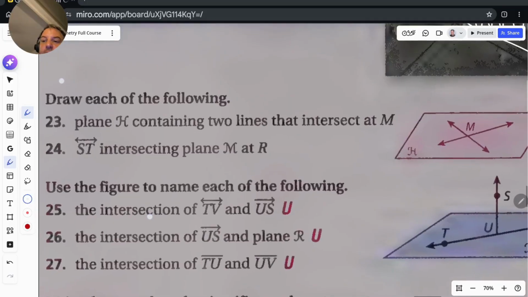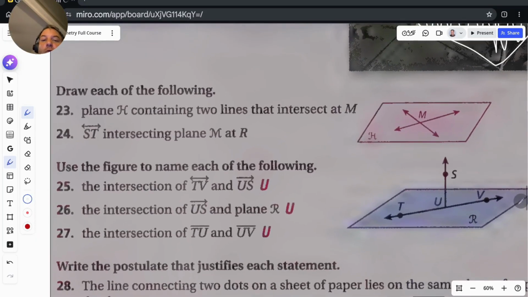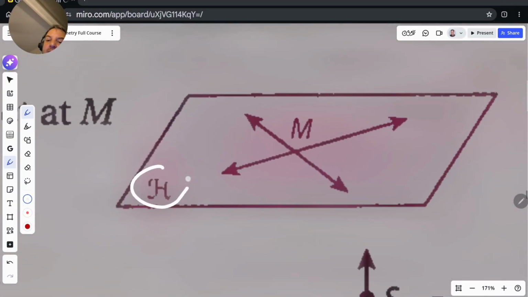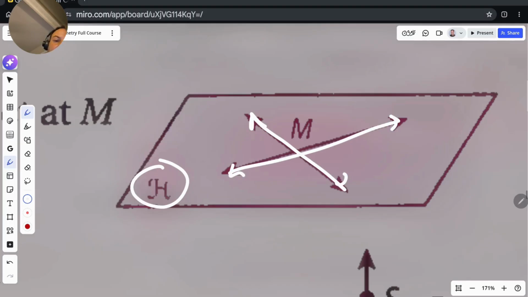Draw each of the following. For 23 and 24, we'll have a visual here, a little diagram. All right, so plane H containing two lines that intersect at M. Let's zoom in. Here's our plane H, our two lines that intersect at M. All right, so again, below question 23 here, we're going to draw a parallelogram, which is the plane.